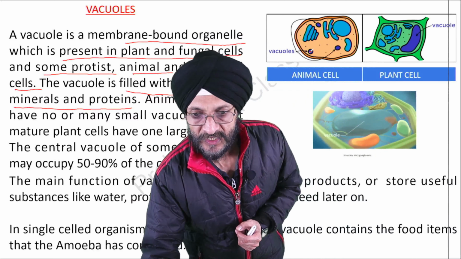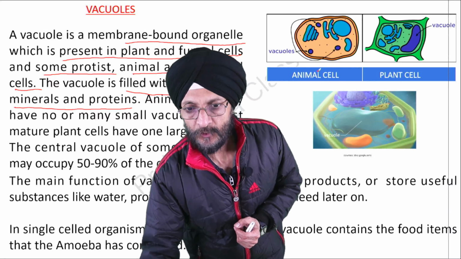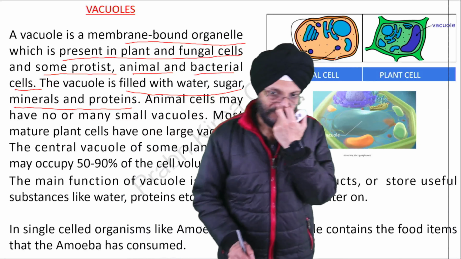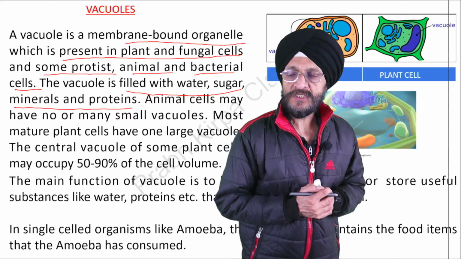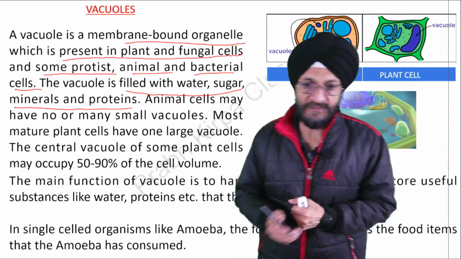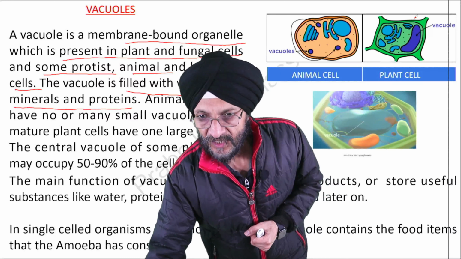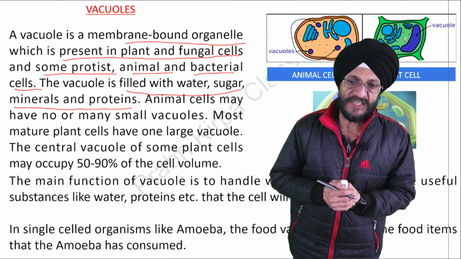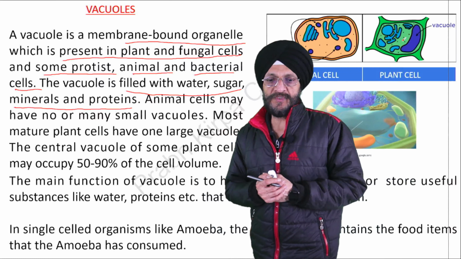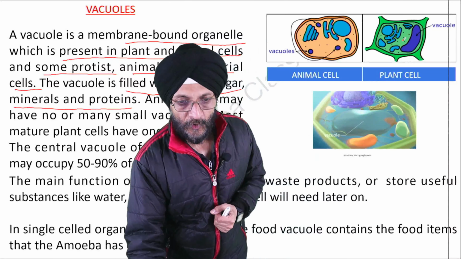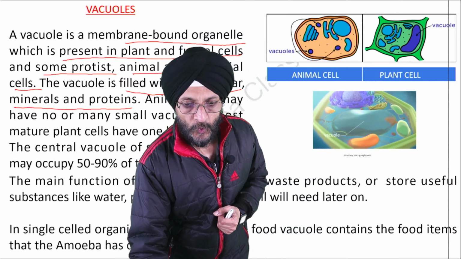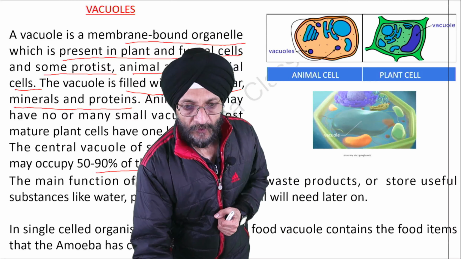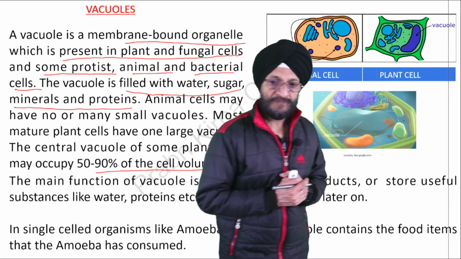In this picture, you can see that there are 3 vacuoles in the animal cell. Most mature plant cells have one large vacuole. The central vacuole of some plant cells may occupy 50 to 90% of the cell volume.